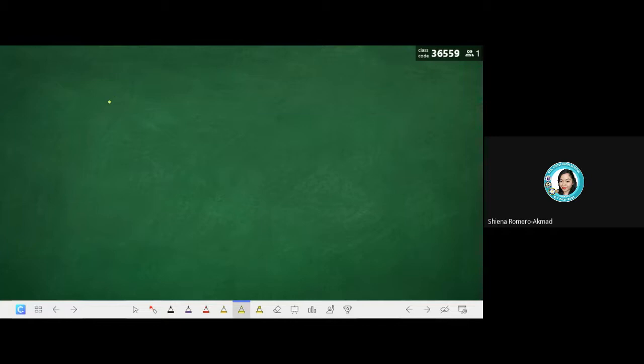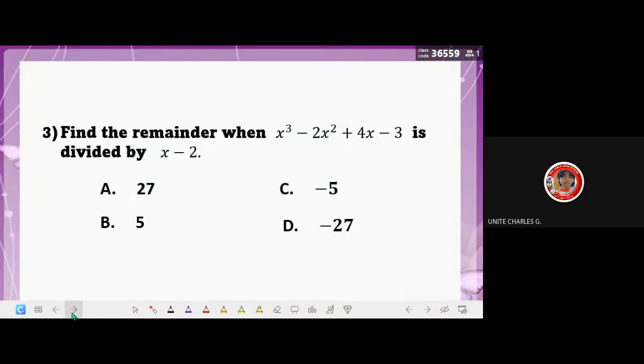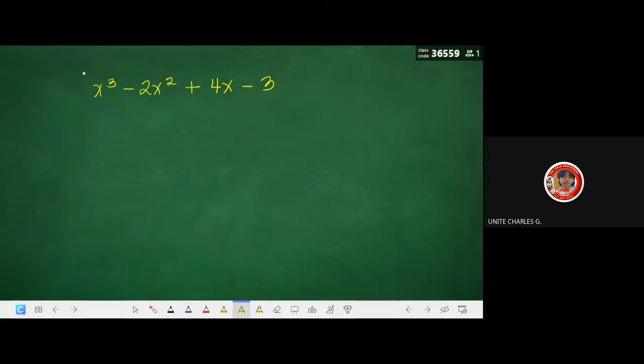Pwede namang sabihin. X cubed minus 2x squared plus 4x minus 3, divided by x minus 2.